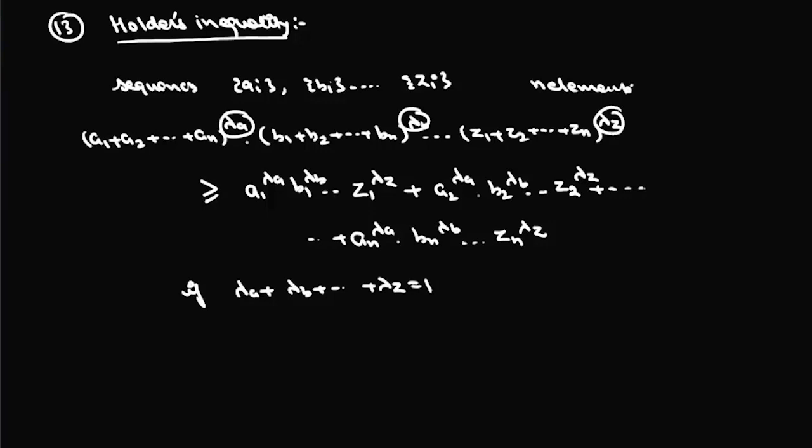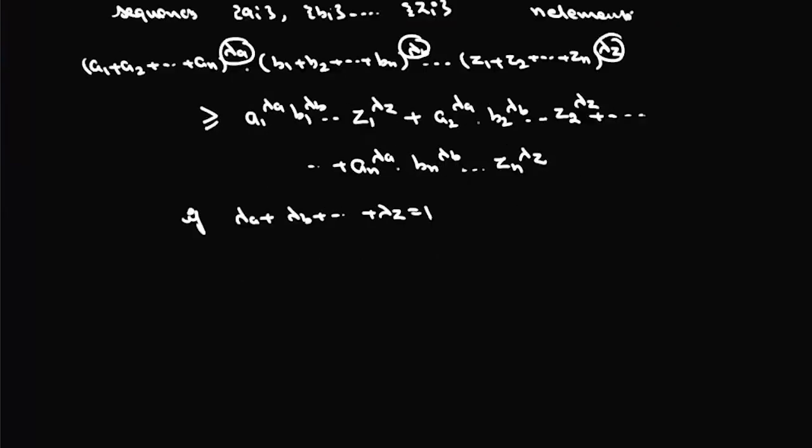One thing we should keep in mind for Holder's inequality is that we cannot get the maximum or minimum value of an expression from it, because this inequality gives us an upper bound or a lower bound. So if from Holder's inequality we get a result that x is greater than or equal to some a, then this a may not be the least value of x. Now how do we use this inequality? For this we'll take up an example.